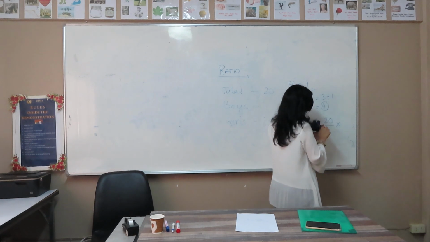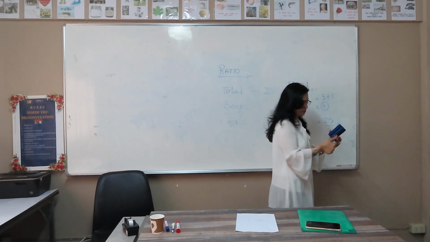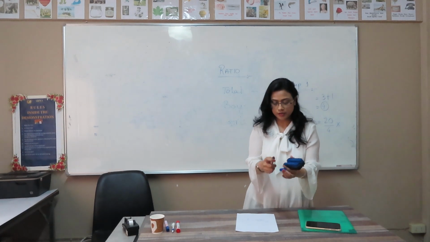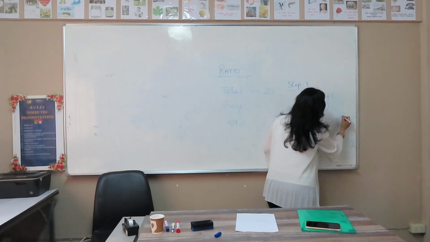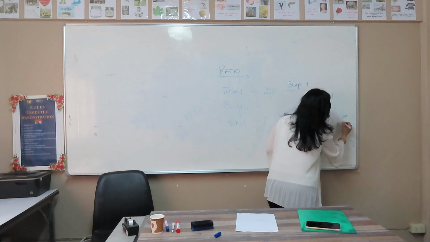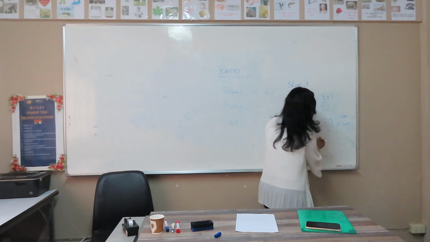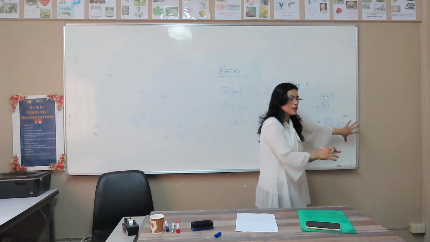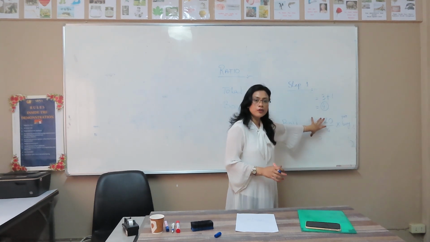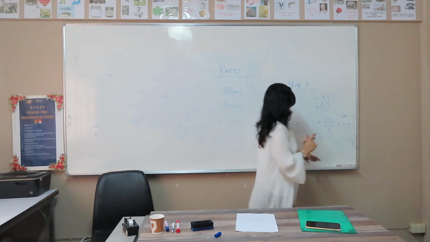If I write here the proportion of boys, the answer would be the number of boys, and if I write here the proportion of girls, the answer would be the number of girls in the classroom.